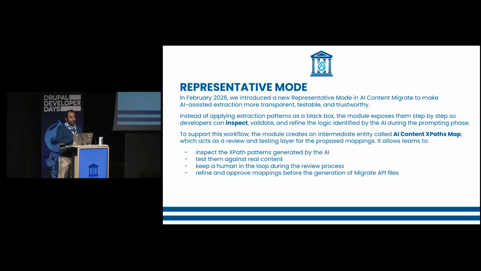During the prompting phase, the AI identifies the extraction patterns, but rather than applying them immediately, we create an intermediate entity that is called the AI Content XPath map. So from a workflow perspective, that gives us a few important benefits. It improves reliability because mappings can be tested before the execution.